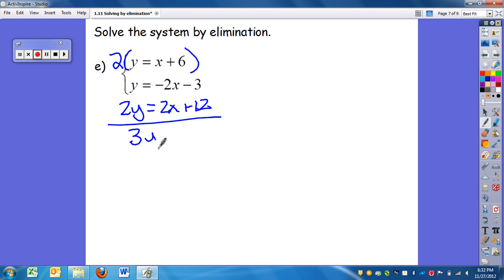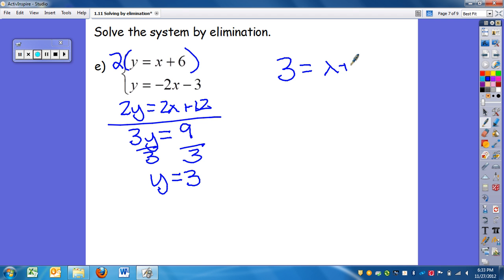So I have 3y equals, it's like 9. Divide by 3. Y equals 3. Can substitute back into the first one. So I have 3 equals x plus 6, minus 6. That gives me -3. So my final answer is -3, 3.